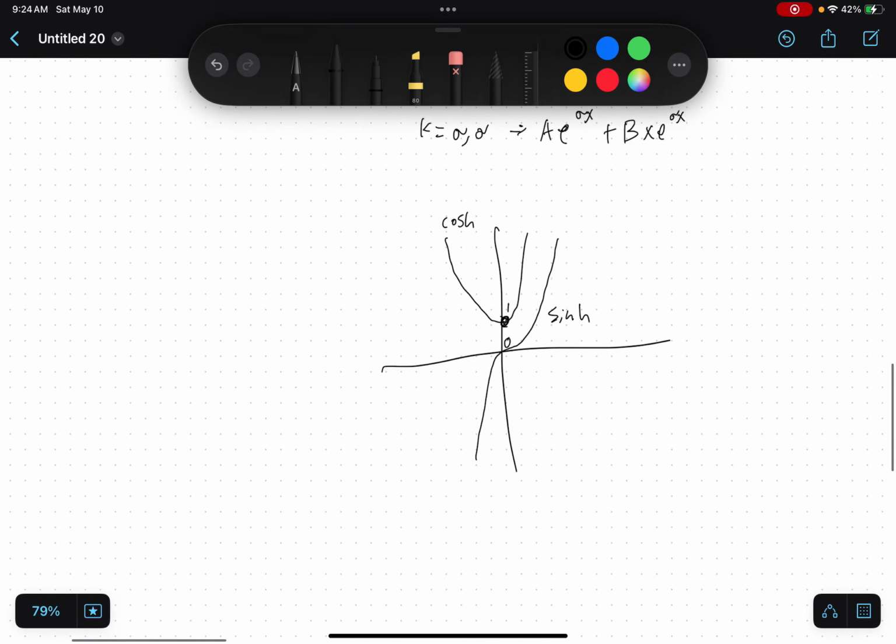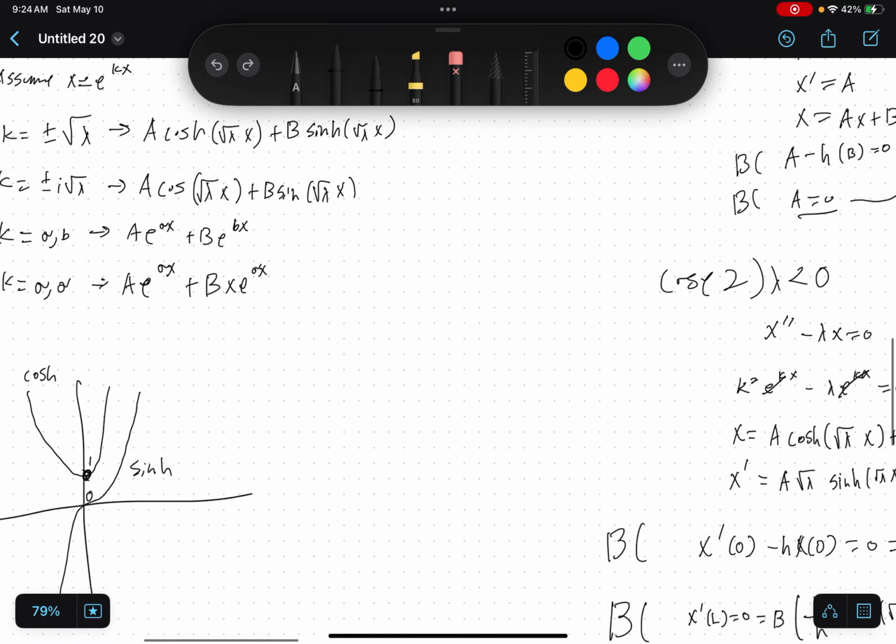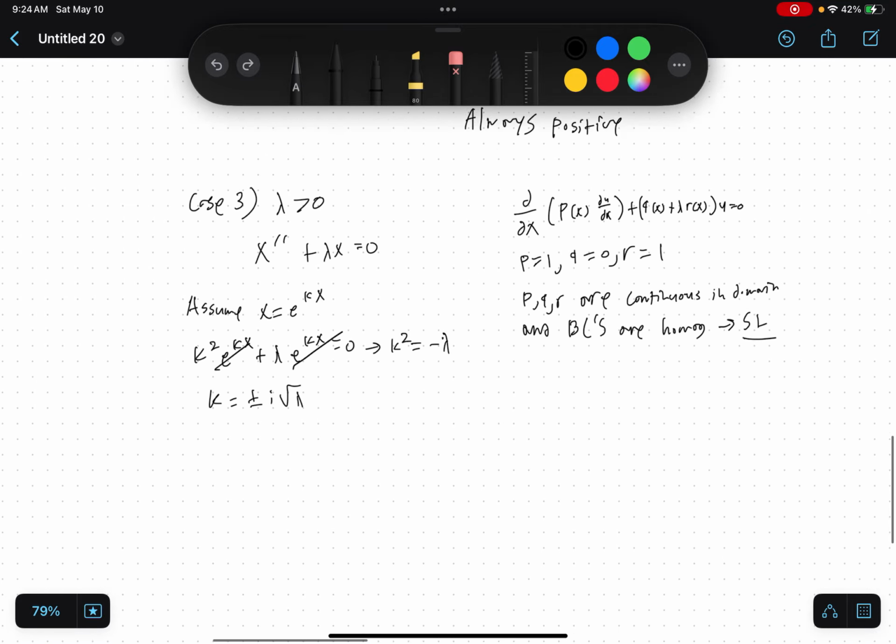And now, we talked about this earlier, if we have this solution form, you write it out this way. A cosine plus B sine.